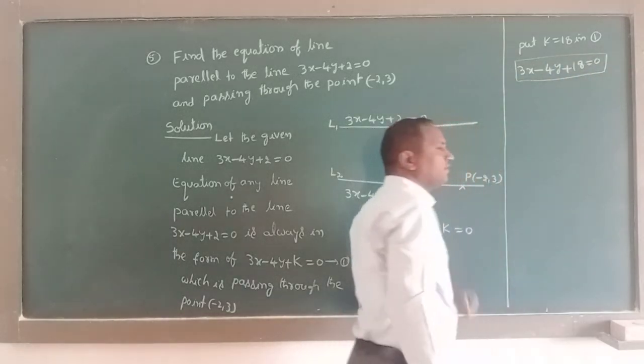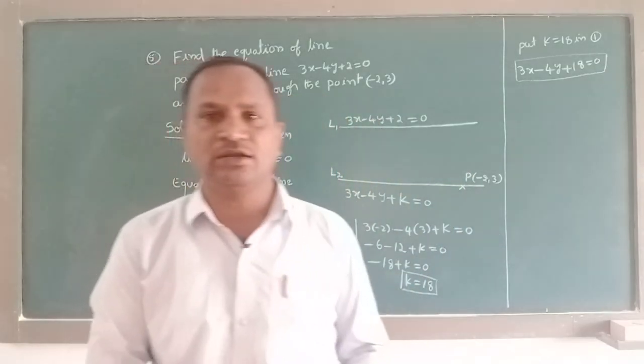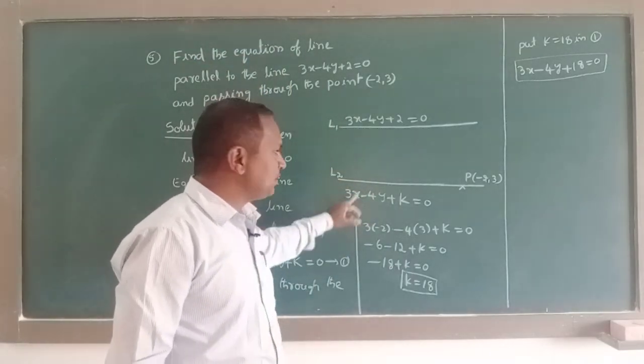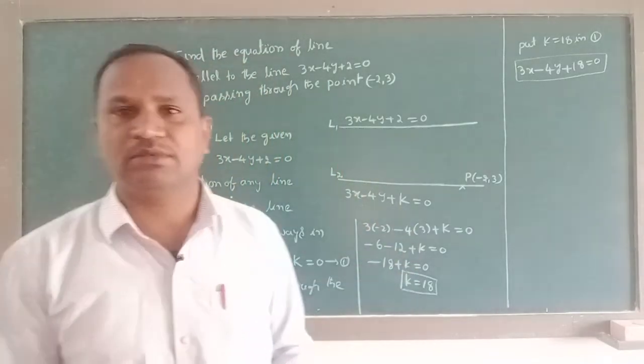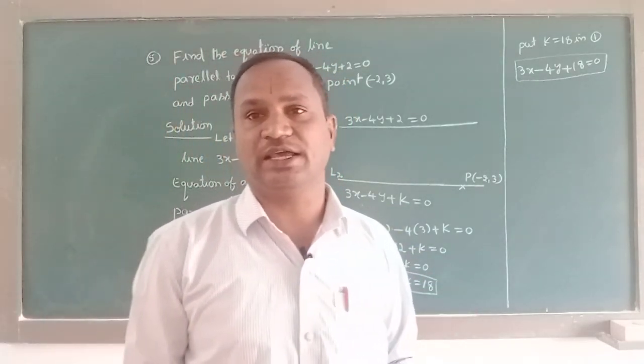It is the required equation of the straight line. Like that, we gave the solution for this question. They gave a line equation, to that one more line is parallel, and at the same time the parallel line must pass through a point which they also gave.